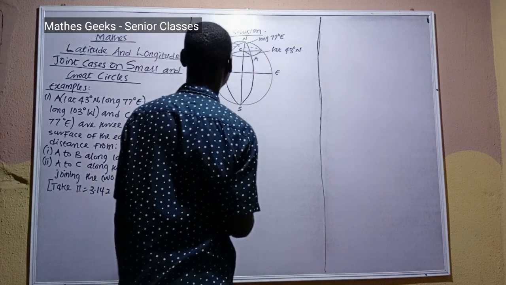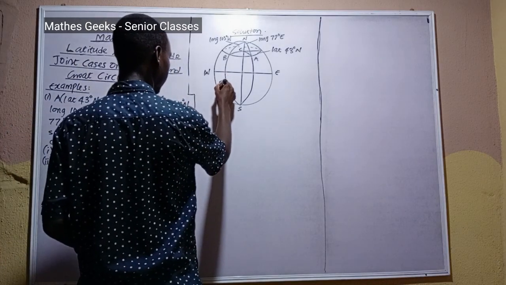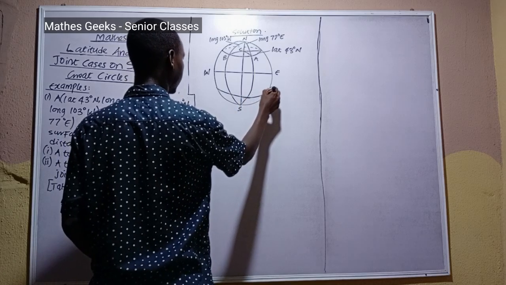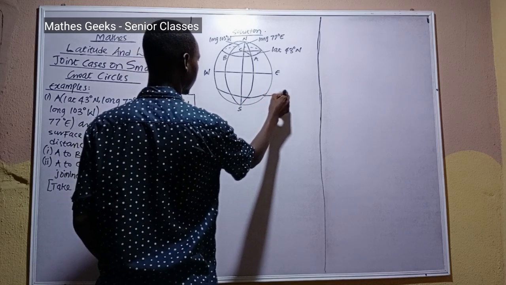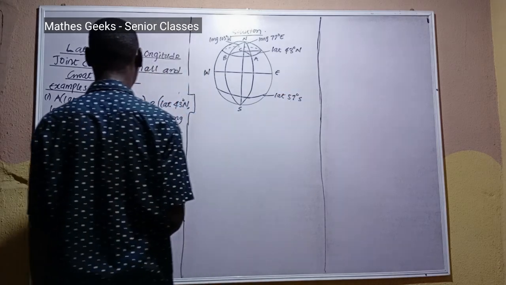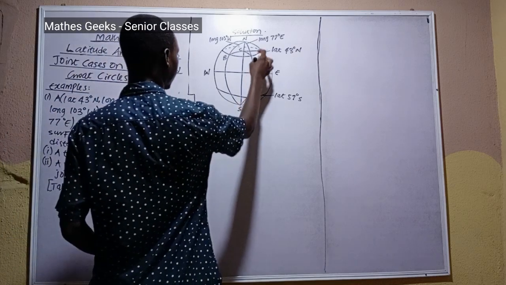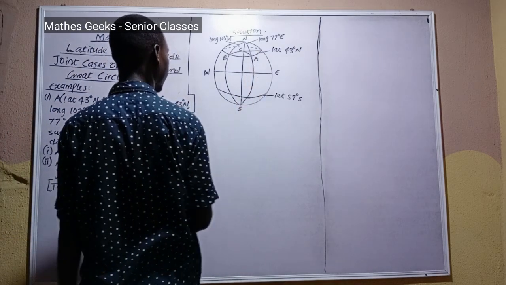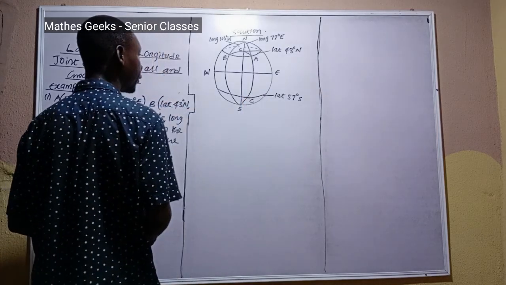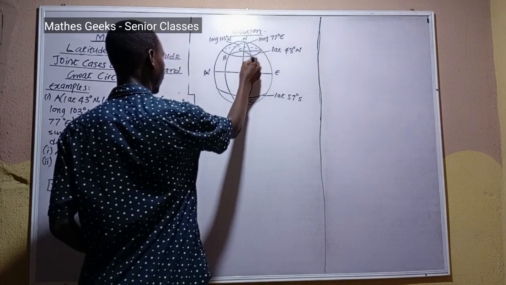And C is latitude 57 degrees south, longitude 77 degrees east. So this is point C. And now points A and C are on the same line of longitude. That's a great circle.